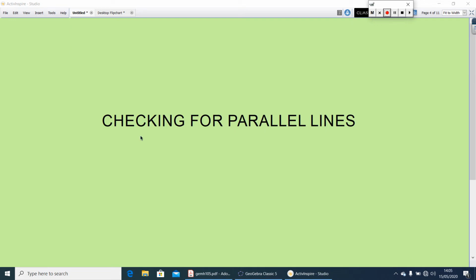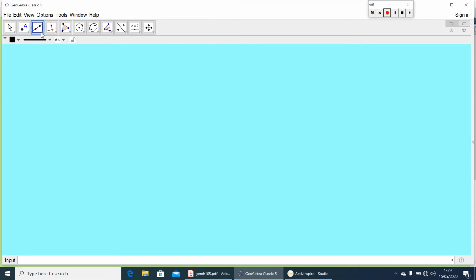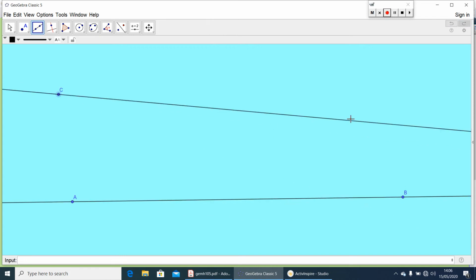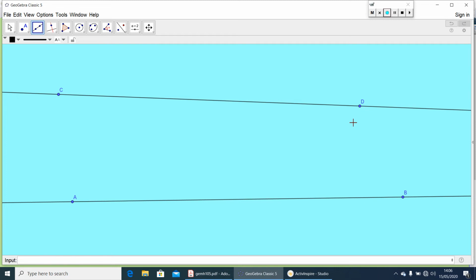The next topic is checking for parallel lines. Now let me draw two lines. You have to check whether these two lines are parallel or not. Now let me draw a transversal.